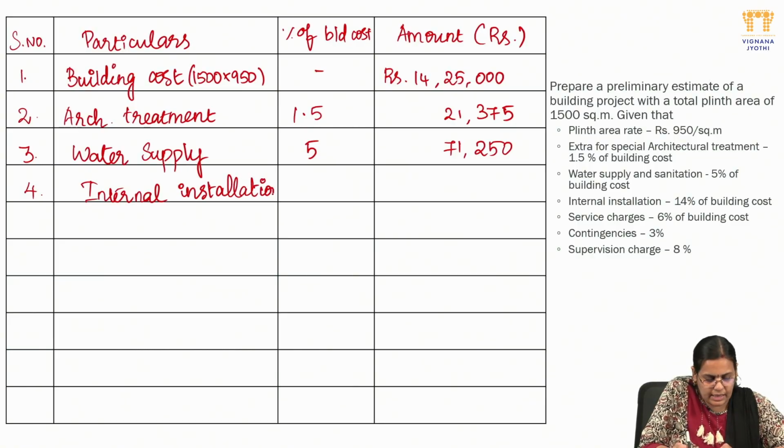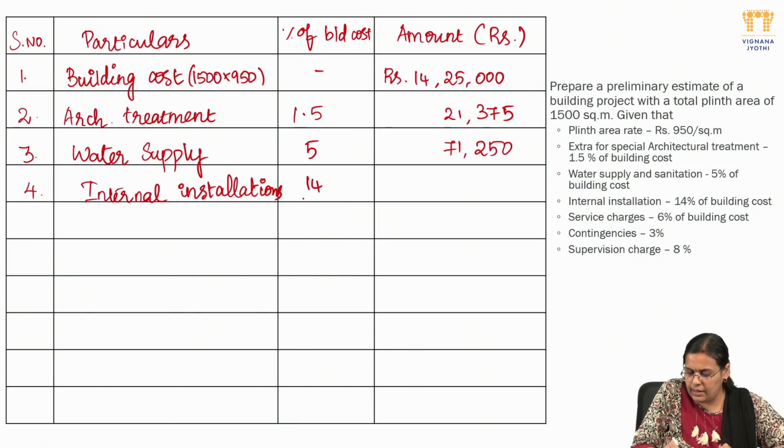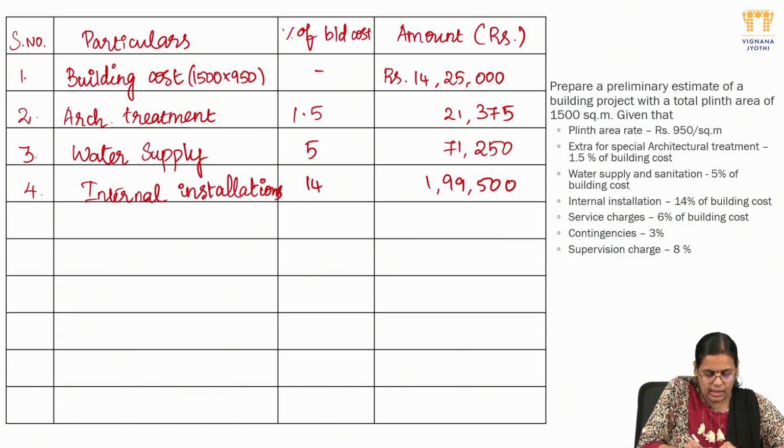And the next item of work is internal installations. So internal installations were around 14%. So 14% into 14,25,000 gives you 1,99,500 rupees, right? And what are the extras?